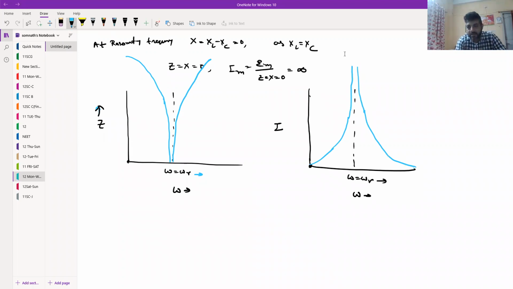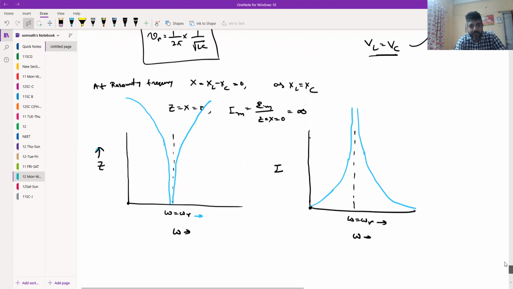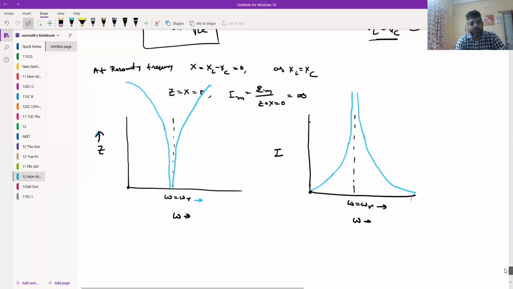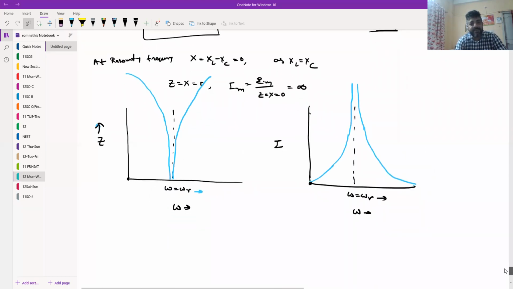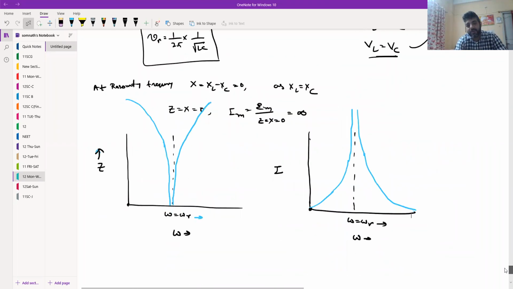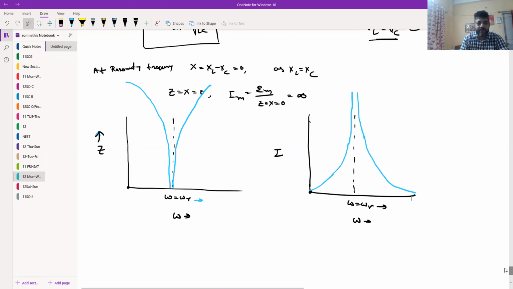You just compare it with the previous one. See this. When my omega is 0, Z is infinity, I is 0. When my omega is infinity, Z is infinity, I is 0. And at resonating frequency, my I is infinity, Z is 0.